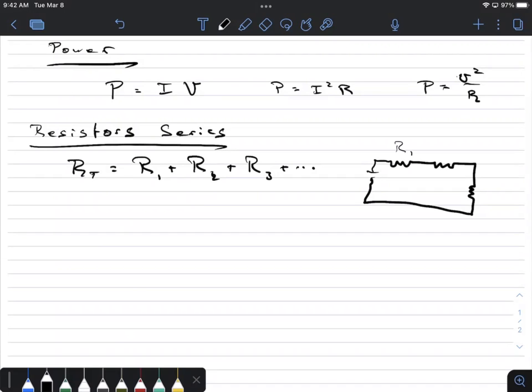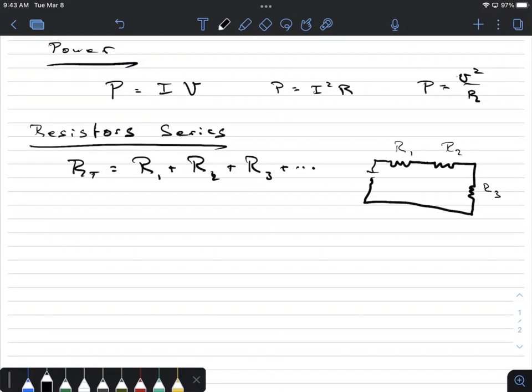Okay, fine. Then when they leave R1, every single one of those electrons then has to hit R2. There's no other path for those electrons to take. And since any electron that hits R1 must also then hit R2 and cannot be avoided, they must be connected in series. And same, of course, for R3 over here on the right.